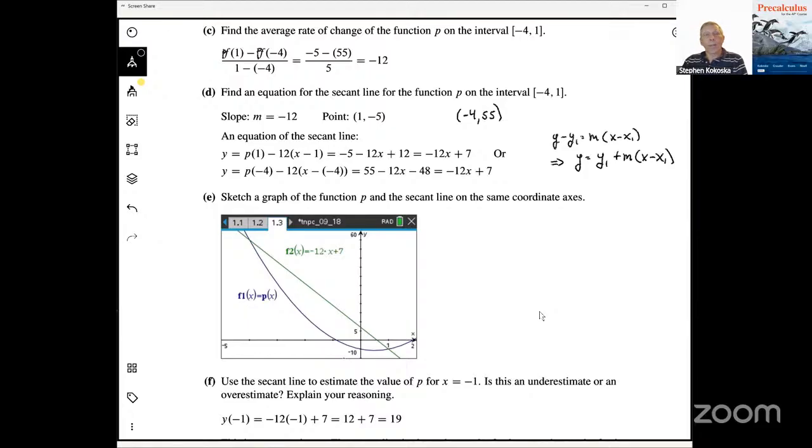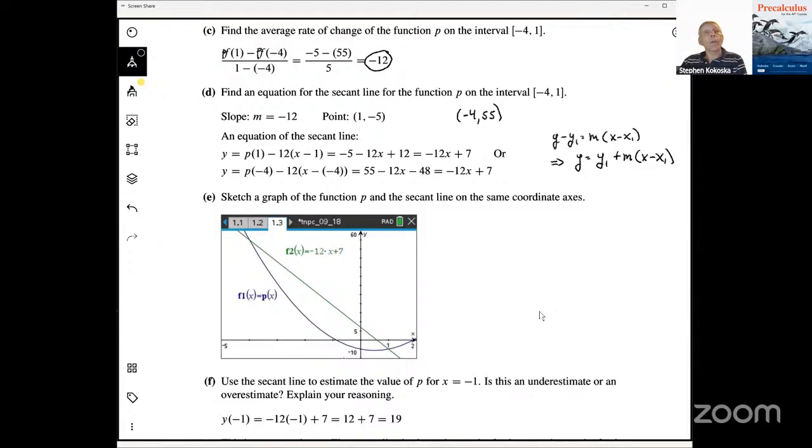So I took 1 and plugged it into the polynomial and got a -5. I took -4 and plugged it in. I got a 55, did a little subtraction and simplification, and I got a -12. That's the average rate of change of that function p on that interval -4 to 1.